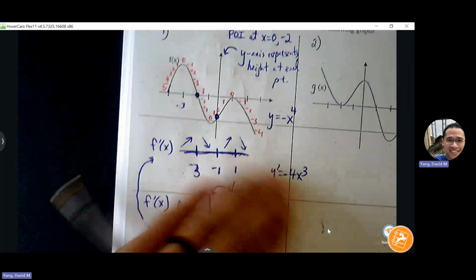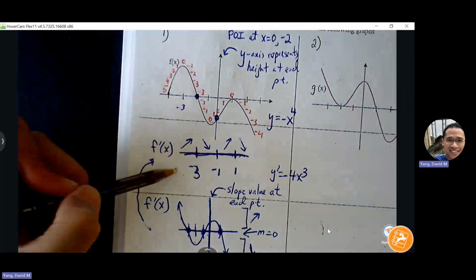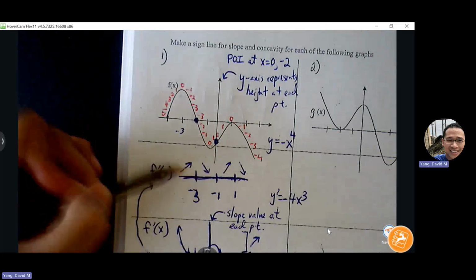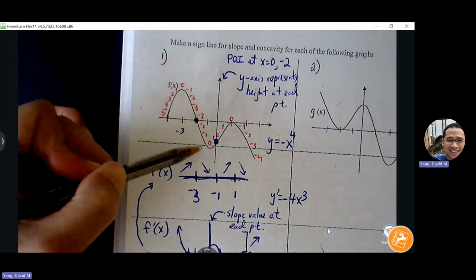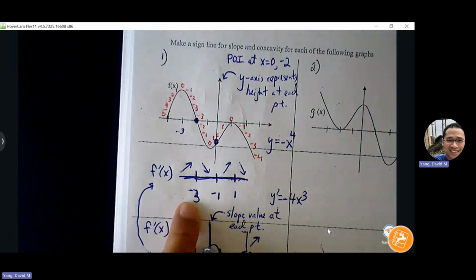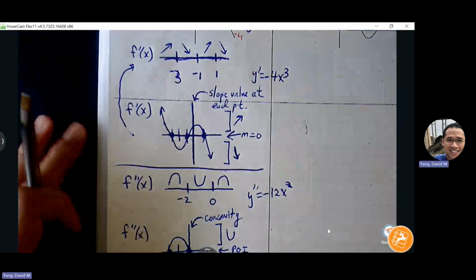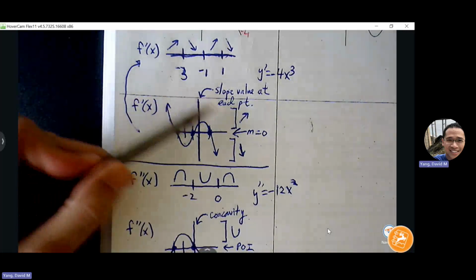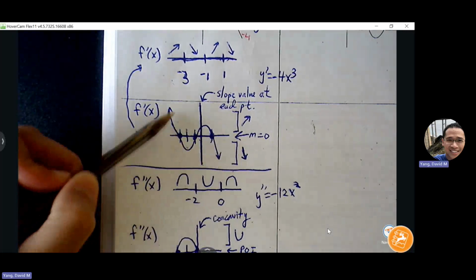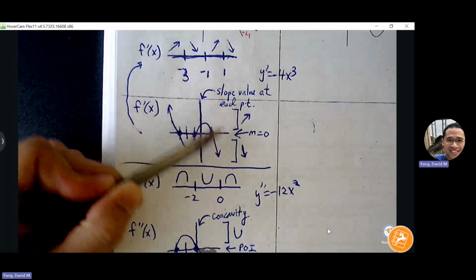And then once we have this sign line in front of us, we can just sketch the graph based off of the arrows that we see. Rising, falling, rising, falling, relative max, relative min, relative max. Okay. And then the other thing that will take some time to get used to is that we can also gather points of inflection of the original graph from the f prime.